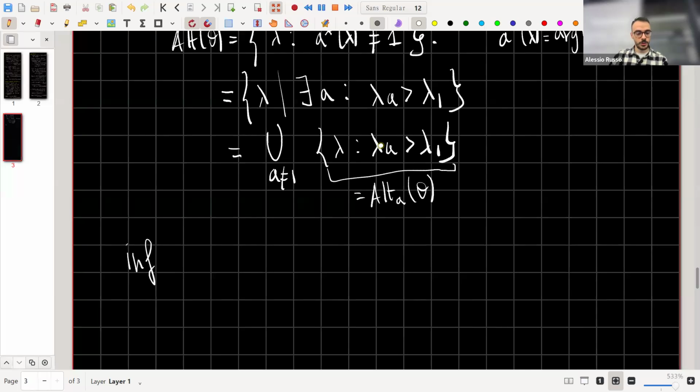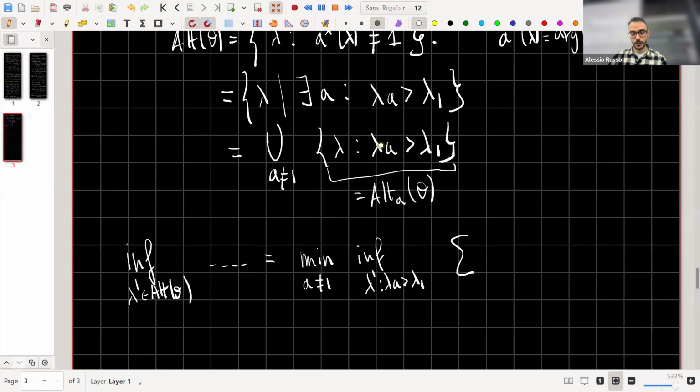Using this decomposition, we can rewrite the infimum of our objective as a minimization over A different from 1, of the infimum over lambda prime such that lambda A is bigger than lambda 1, of this quantity here. I'm going to use a different index: W B, KL, theta B, lambda B.